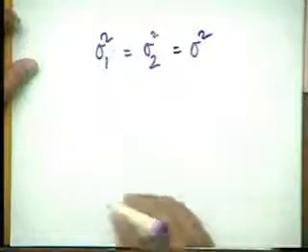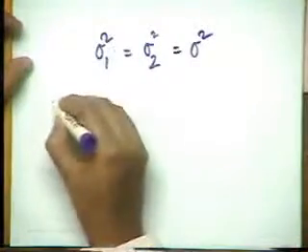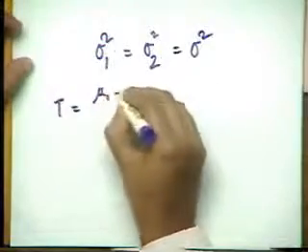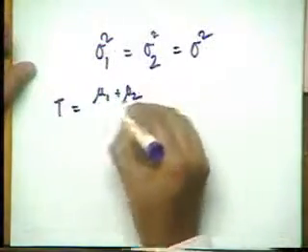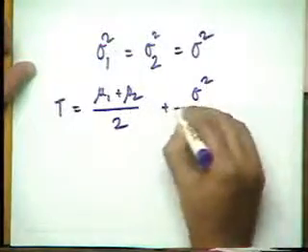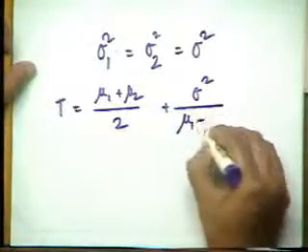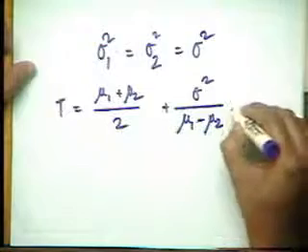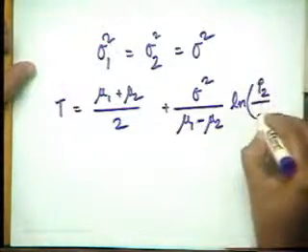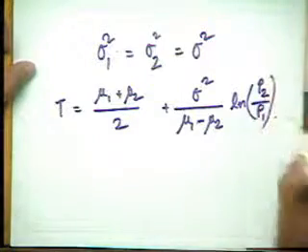Now a single threshold is sufficient, and that single threshold T is written as (mu 1 plus mu 2) divided by 2 plus sigma square divided by (mu 1 minus mu 2) times natural logarithm P2 by P1.